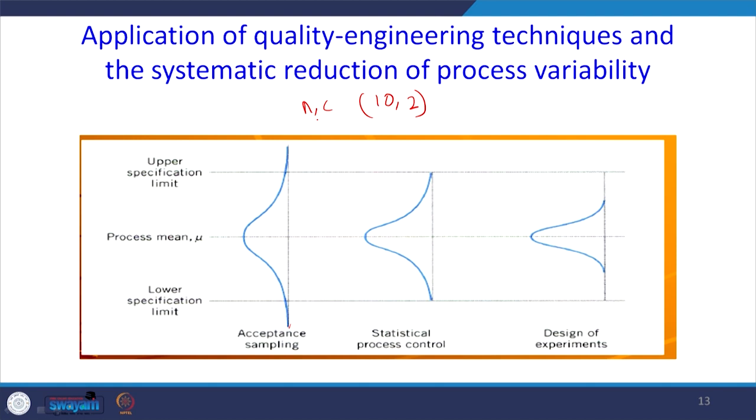The meaning of n comma c is: if the lot size is 10, I will count all the defective products. If the number of defectives is 2 or less, I will accept the whole lot. If the number of defectives is more than 2, I will reject the whole lot. It is a kind of intuitive process, with mathematics behind it which follows the binomial distribution. It is a very easy way, but more variability will still be maintained.